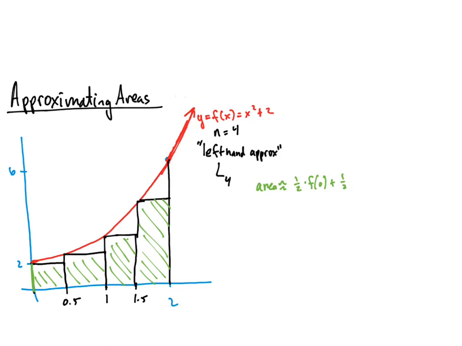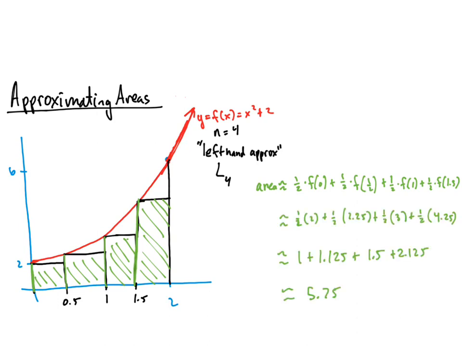Gosh, I don't want to write double parentheses. f of 1/2 plus 1/2 times f of 1. And then, so we did 0.5, 1, and then 1.5 is the height of our fourth rectangle. So plus 1/2 times f of 1.5. Okay, so why don't you pause the video here and see if you can finish calculating this area.